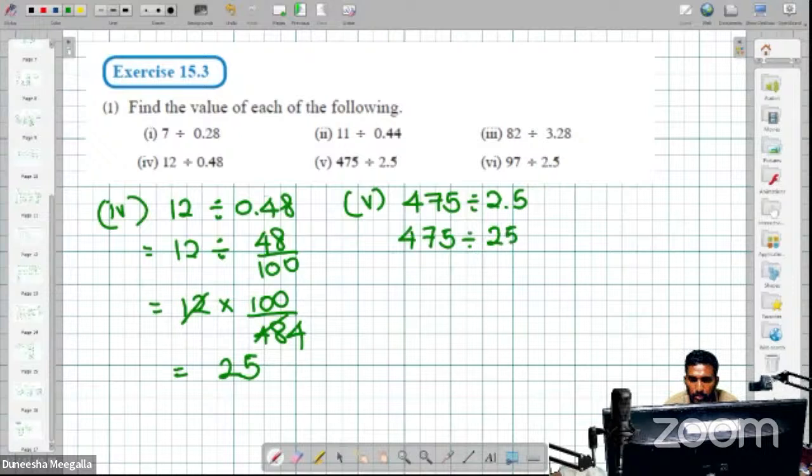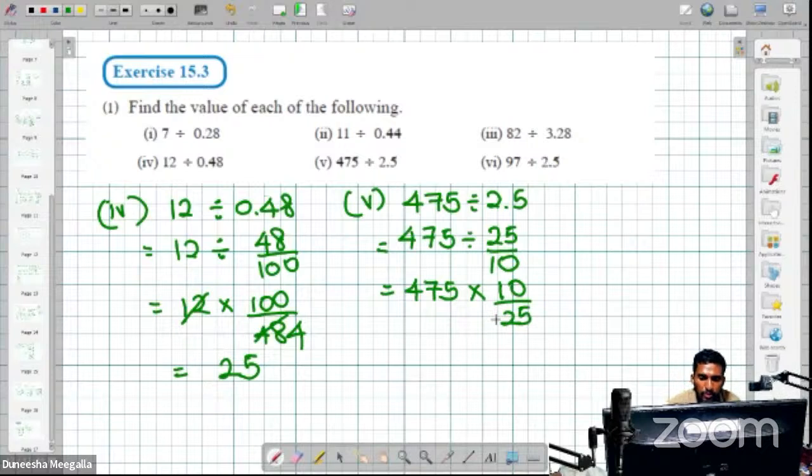Yes. What is the reciprocal of it? 10 over 25.